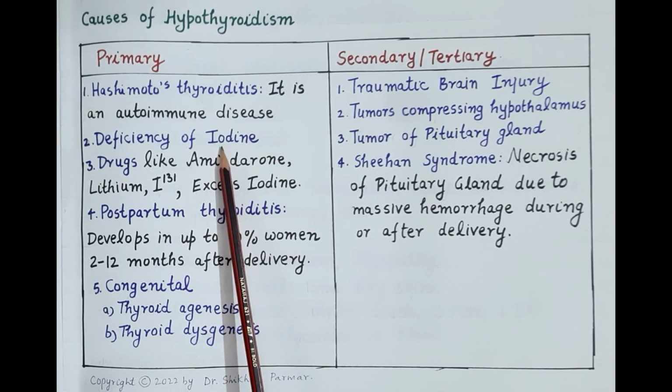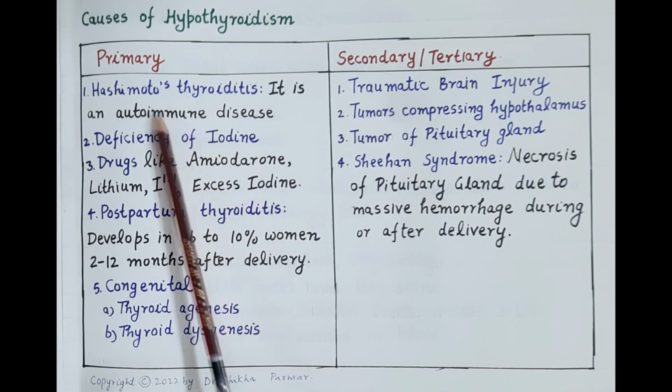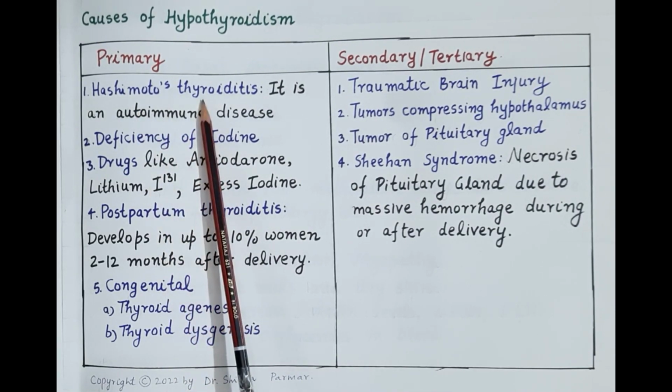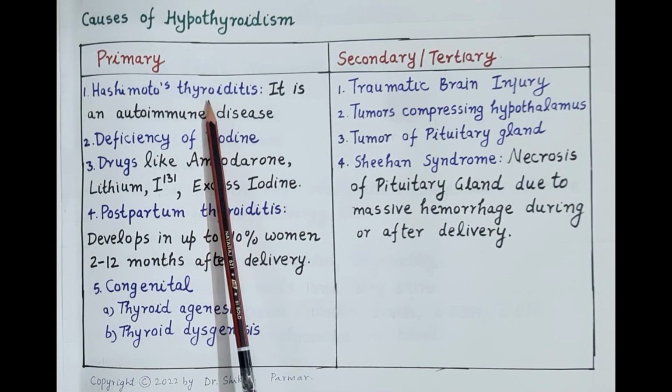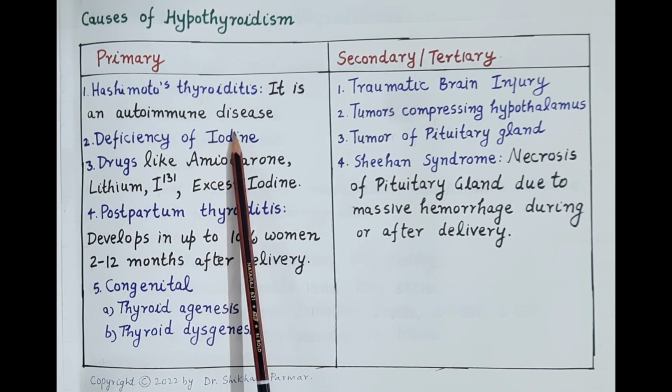Now in countries like United States with adequate intake of iodine in the diet, Hashimoto thyroiditis is the most common cause of hypothyroidism.